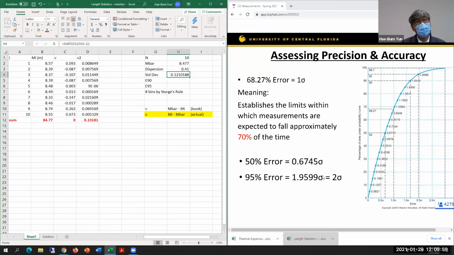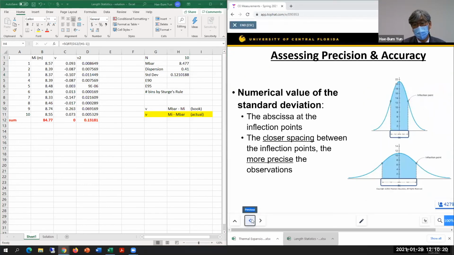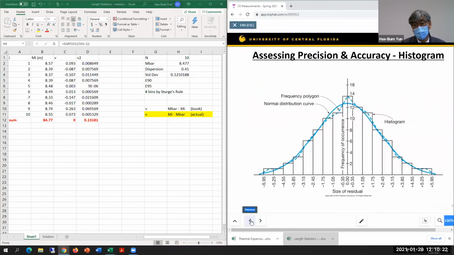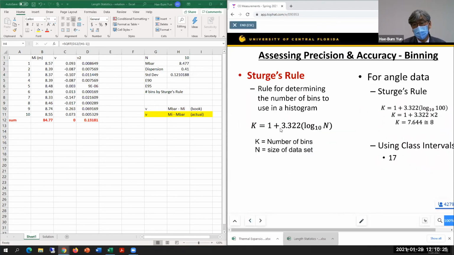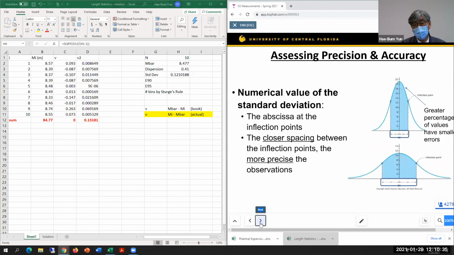I will give you time to do it, and then I will give you a quiz. So why don't you calculate the E90 and E95, and also the number of bins by the Sturges rule. I will show you the slide again. One plus 3.322 log base 10 of n, right? So why don't you calculate those 3 quantities?